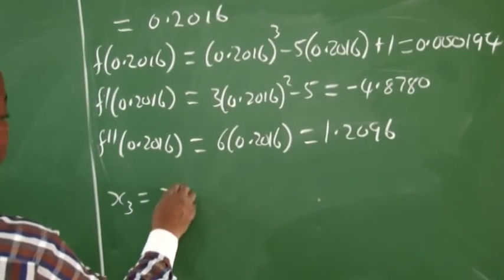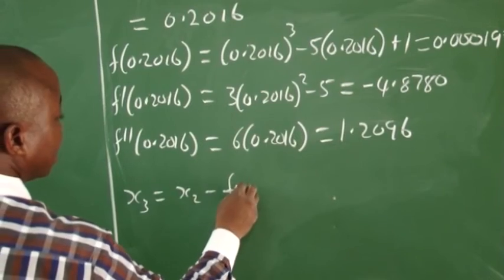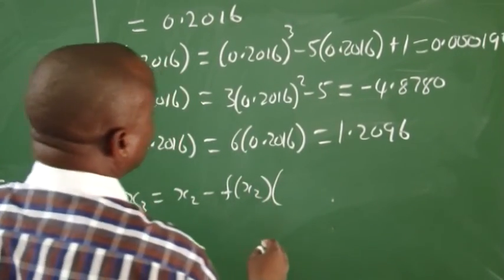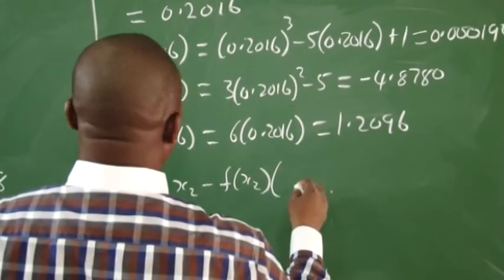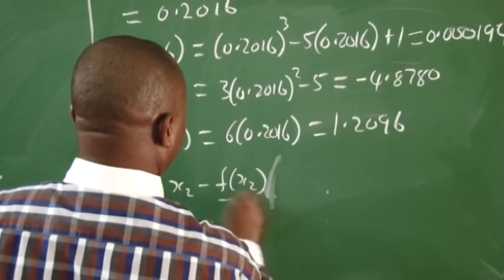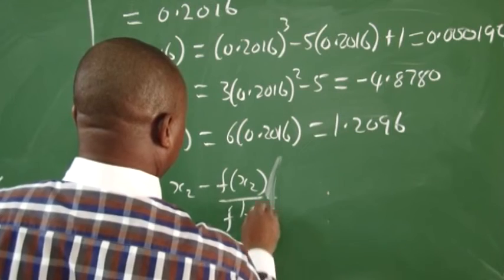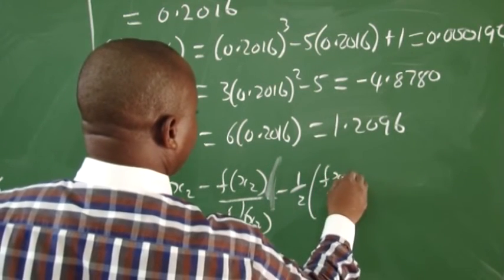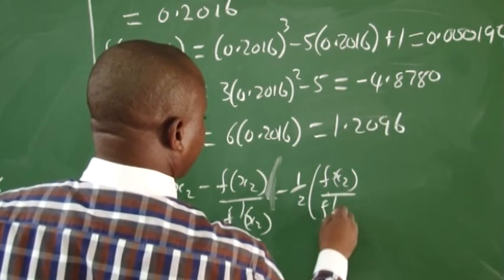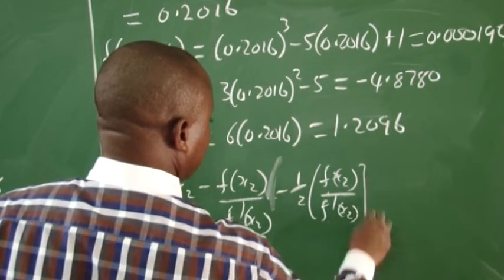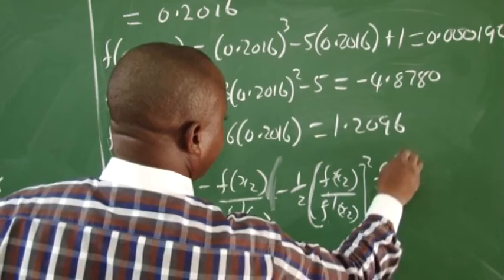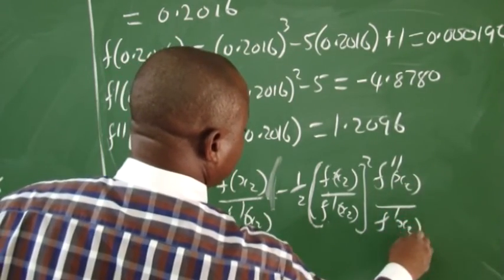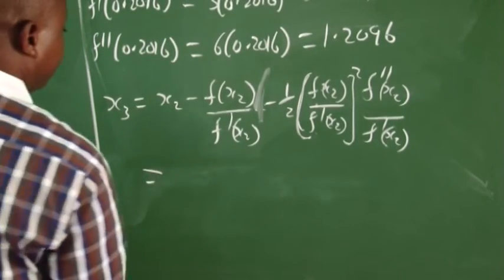x3 will equal x2 minus f of x2 over f prime of x2 minus 1 over 2 times f of x2 over f prime of x2 squared times f double prime of x2 over f prime of x2.